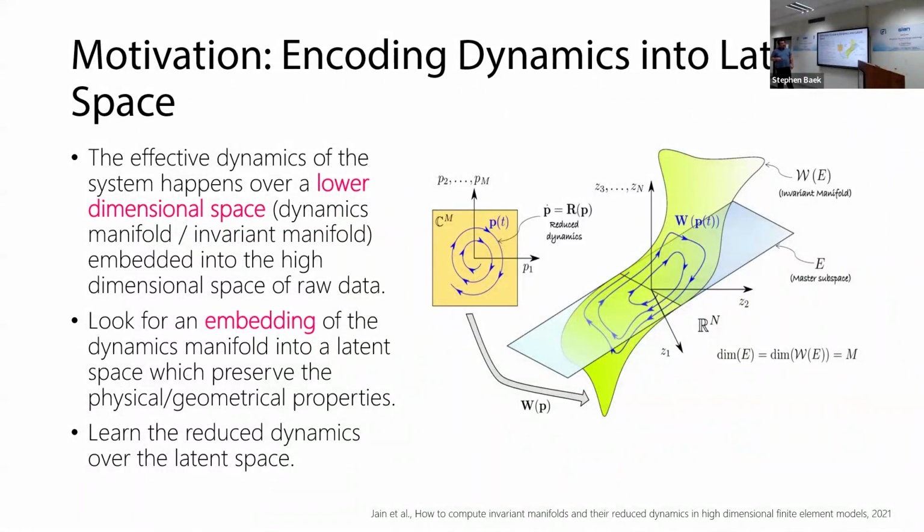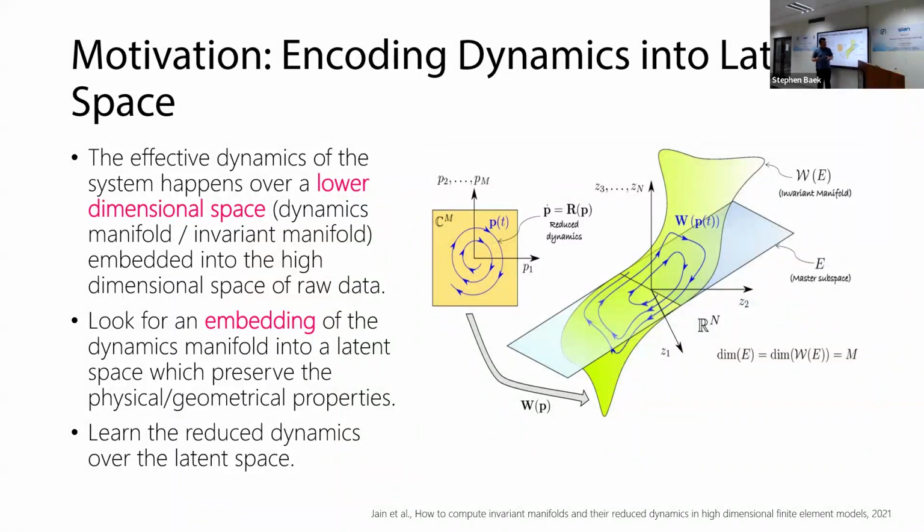Now, the idea of reduced order modeling is that since our view is that only a thin subset of the original n-dimensional space is really where the physics happens, we do not need the entire n dimension, okay? This subset may be some much lower dimension m.